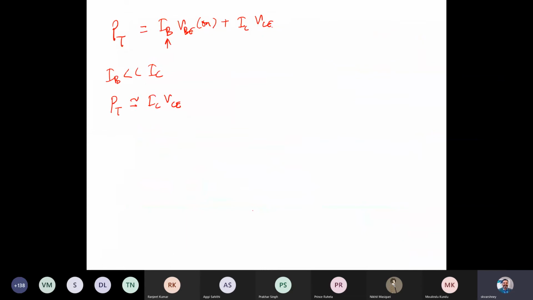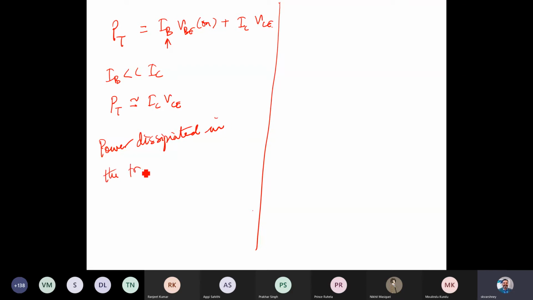Now if I make a small change to the circuit, this is the power dissipated in the transistor.